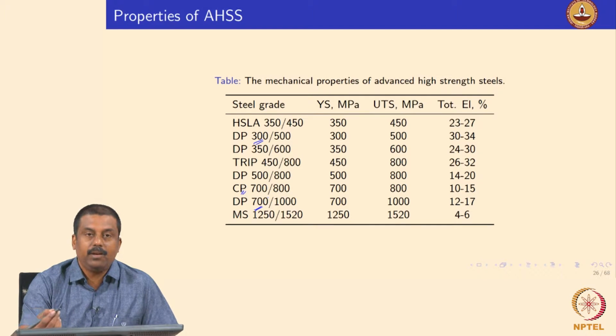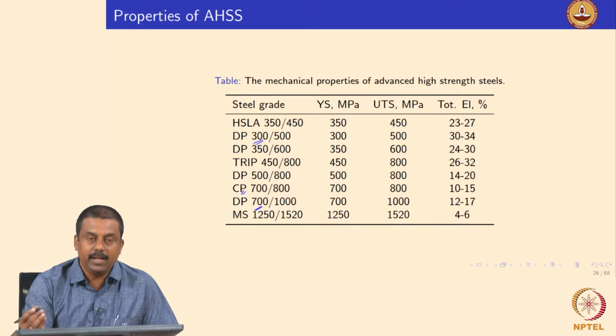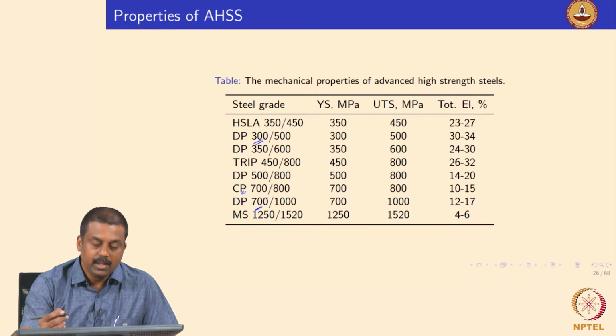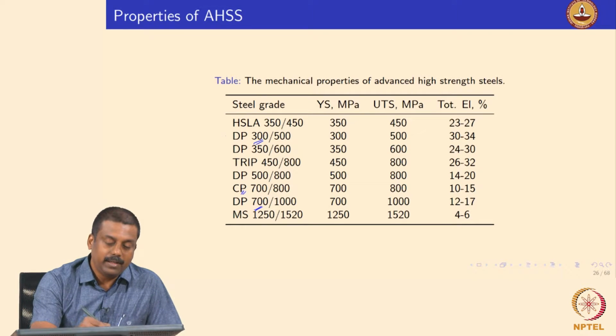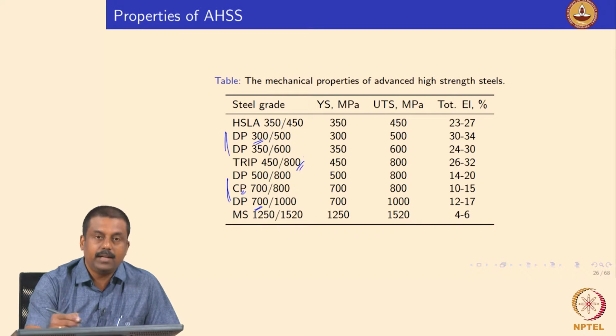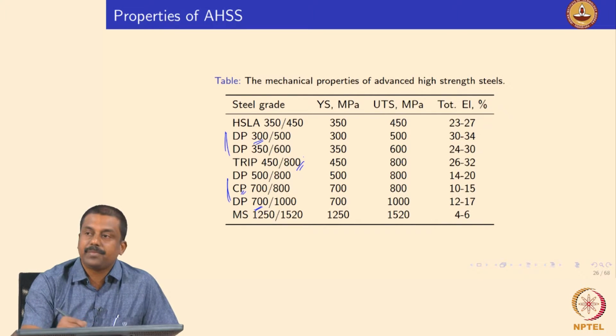So, in third generation dual phase steels, we add alloying elements and precipitates to get strength levels even up to 1 gigapascal, at DP 1000, for example. Therefore, dual phase steels and complex phase steels, and to some extent TRIP steels, are very attractive, because we can generate steels with varying properties with reasonable ductility.